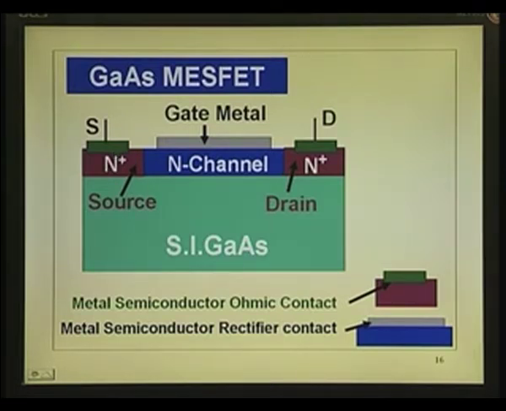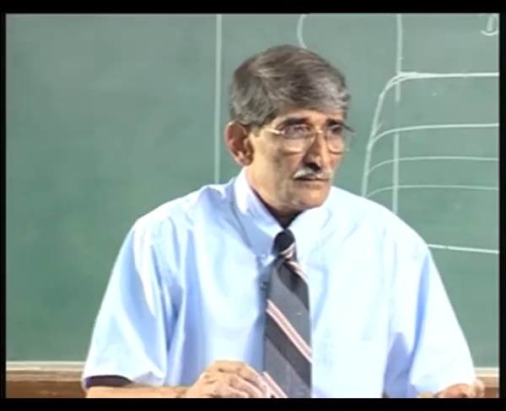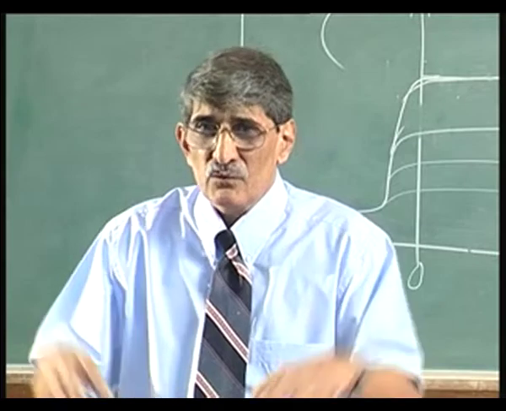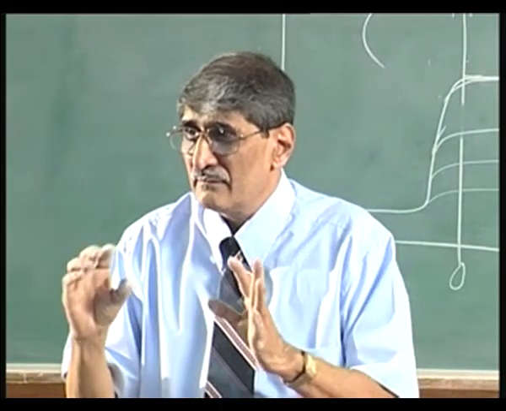Ideal ohmic contact is, with 0 voltage you must get current, you can never get it. So, with minimum voltage you must get current, that is the ideal ohmic contact. So, that is these two, and this is also a metal semiconductor contact, it is a rectifying contact. So, on the same device you have metal semiconductor contacts, 2 of them ohmic, 1 of them rectifying.